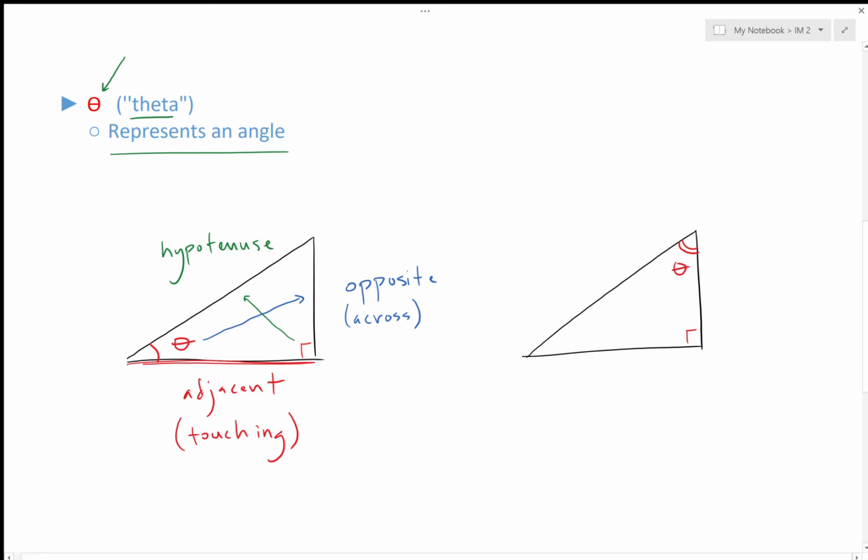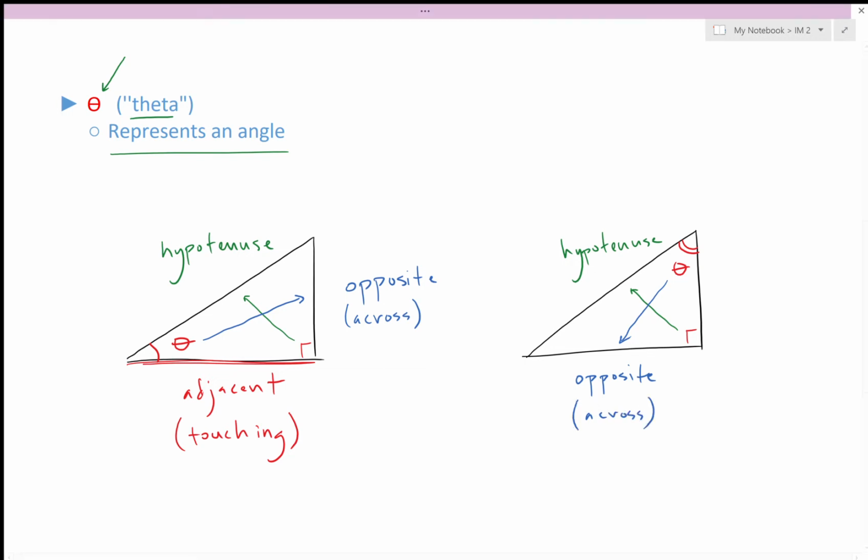The one that will not change is the hypotenuse, because the hypotenuse is always across from the 90. It's always the longest side. So hypotenuse. This time the opposite has changed. The side that's across from theta is now this one on the bottom. So this is my opposite side. You see how that's across from our theta symbol?